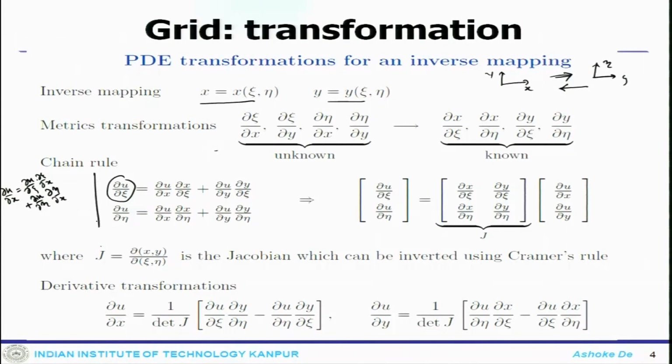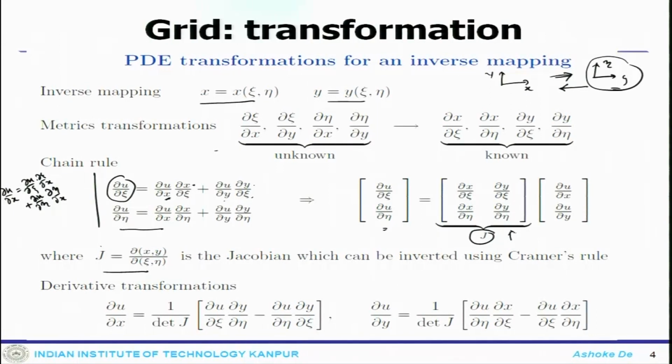Now, in the reverse case, you are trying to find the derivative in the xi eta coordinate system. So, del u by del xi retains del u by del x times del x by del xi plus del u by del y times del y by del xi, similarly del u by del eta. Now, if you put them in a matrix, del u by del xi and del u by del eta, you get this. This is called the Jacobian of transformation, and the Jacobian is nothing but the determinant of this particular matrix.